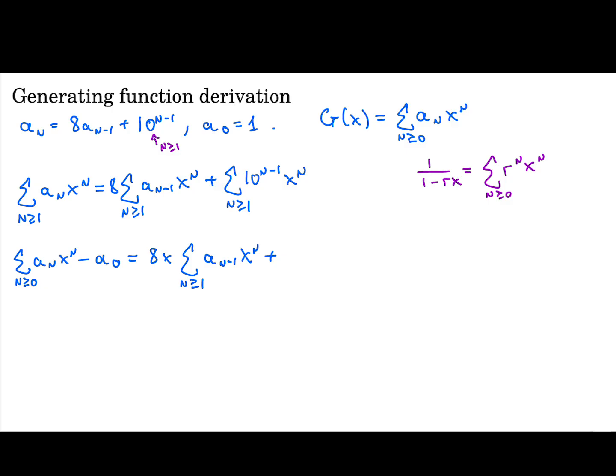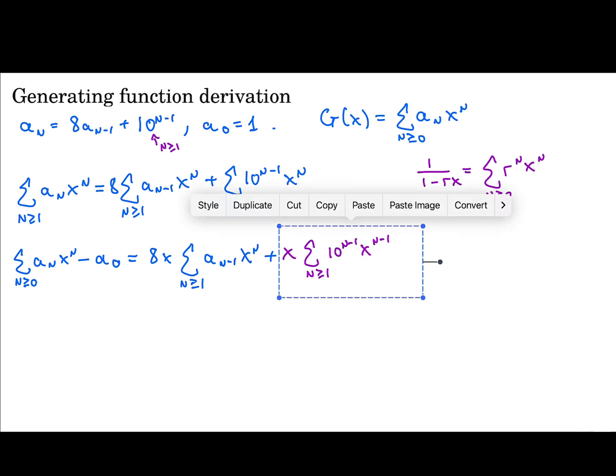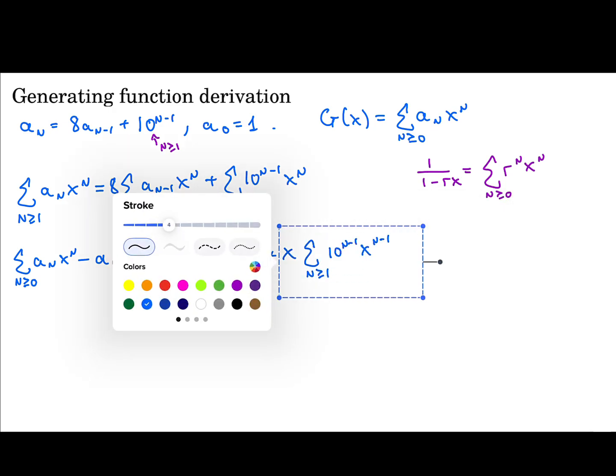So we do the same thing. We're going to factor out an x, and so we will get summation here for n larger or equal than 1 of 10^{n-1} x^{n-1}. And let's make this blue. Okay.